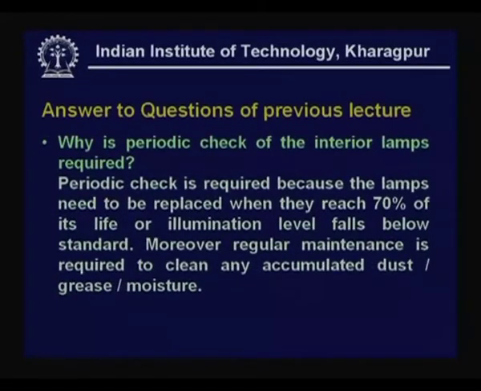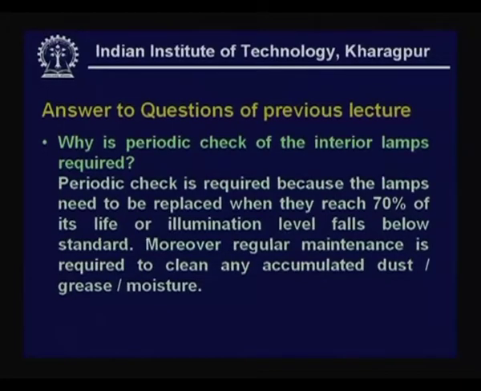Why is periodic check of interior lamps required? Periodic check is required because the lamps need to be replaced when their life reduces. So, whenever the life reduces by about 75% or illumination level falls below standard level, it becomes necessary.